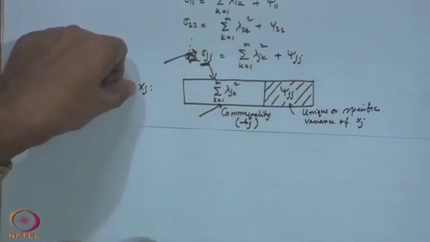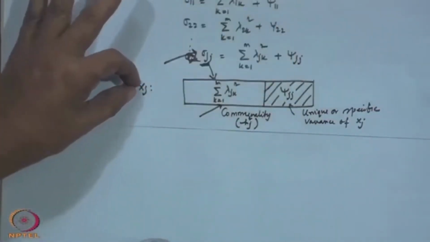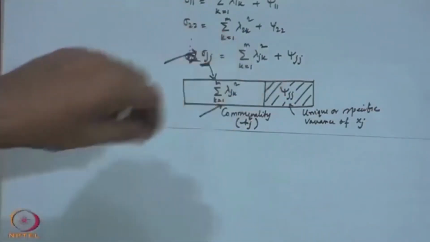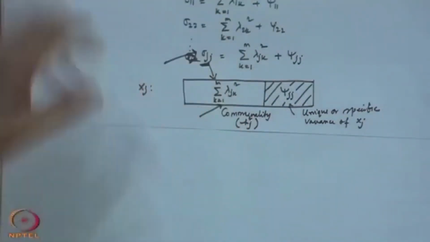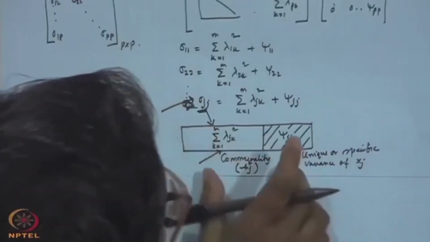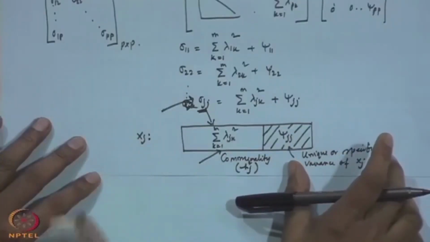Again, some may argue that this portion is related precisely to xj, plus something else, because you have taken m factors and maybe some other variable correlation, some other variable you have not considered, your data collection, many things. So error also may be included here. But in factor analysis terms, we usually say the variability of xj is because of the communality and because of the uniqueness of that variable.